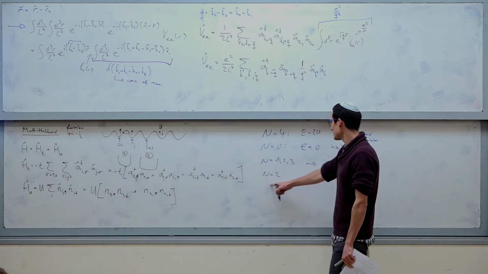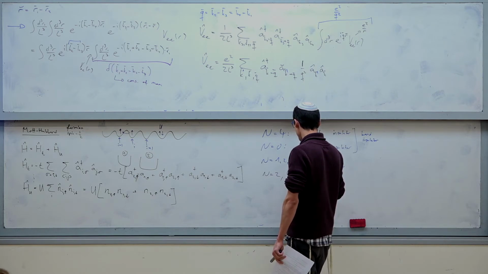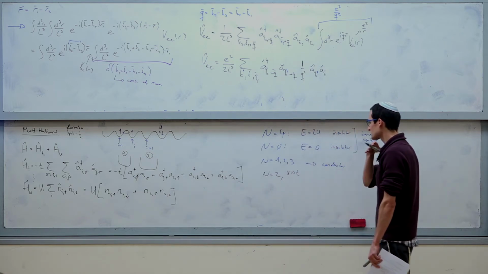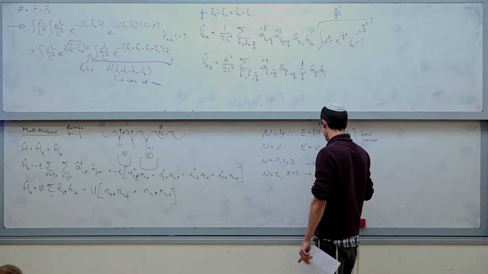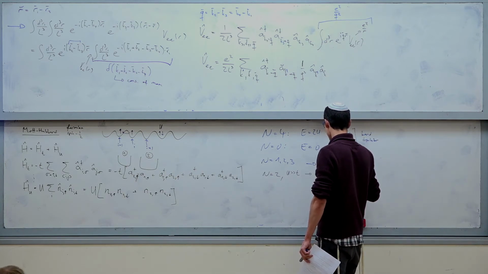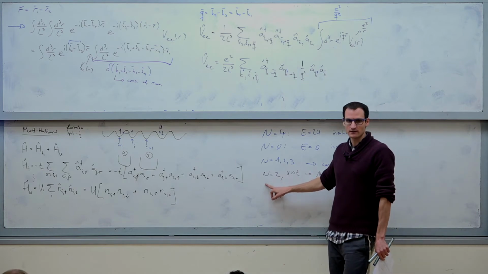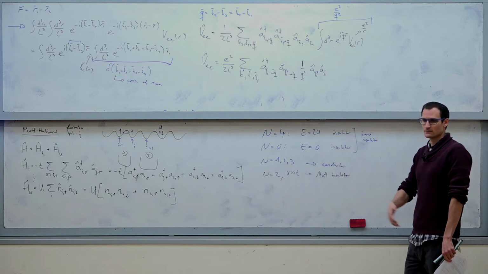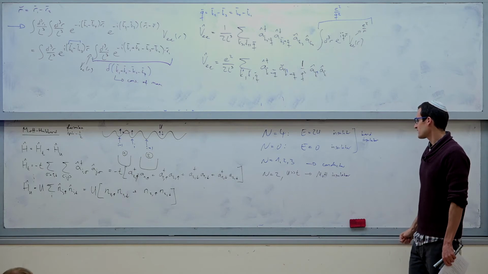This happens when N is equal to 2 and the interaction is much larger than the hopping. So although the band is exactly half filled, and you would expect there to be conductance, you actually get an insulator.